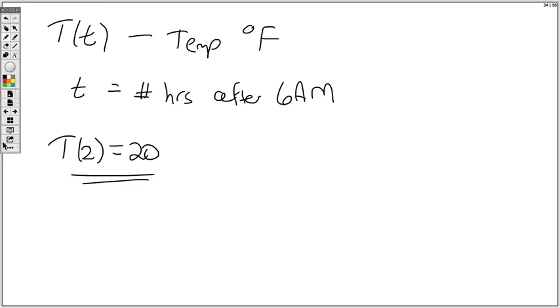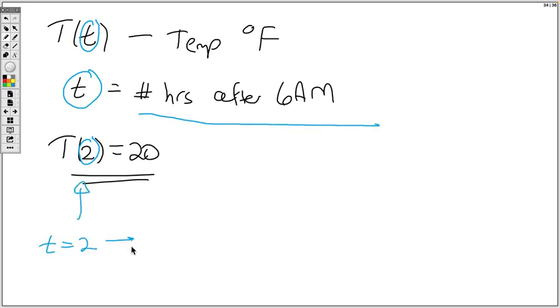So the key here is inputs and outputs. The input here is 2, which is little t, which is a number of hours. So little t is 2. 2 hours after 6 a.m., so we're at 8 a.m. Big T is 20.